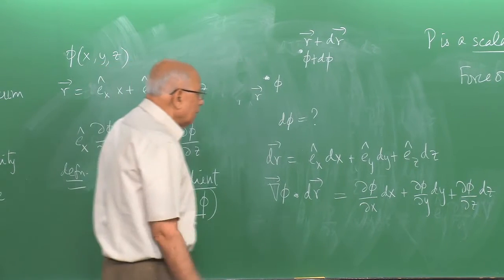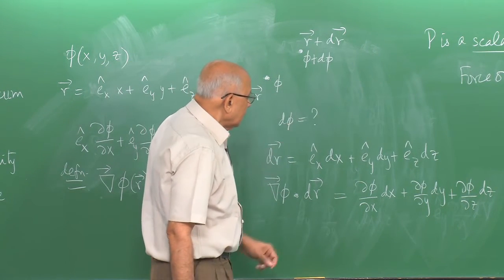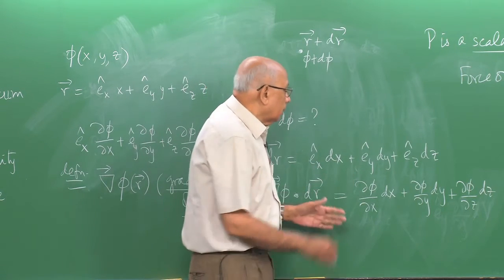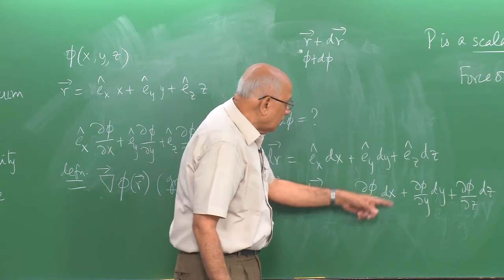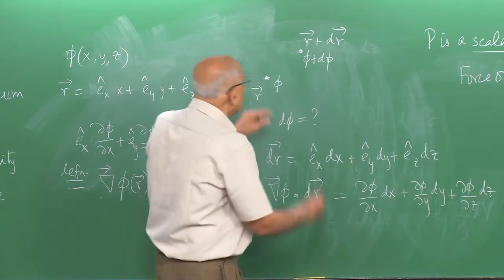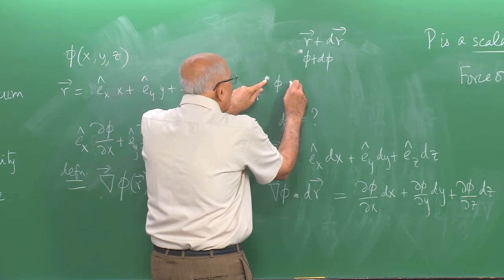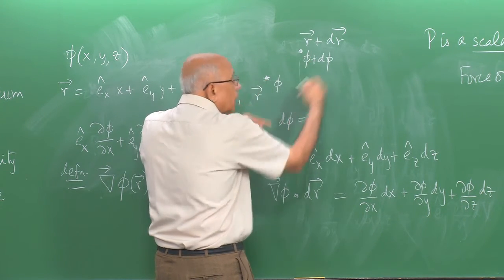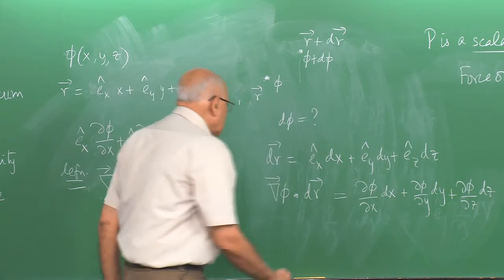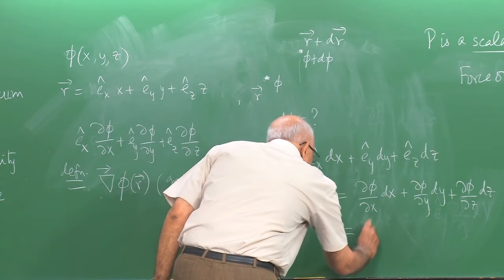By definition, if phi is a function of x, y, z, then the change in phi, d phi, along any direction is resolved into components. This is the change if you move only in the x direction, only in the y, only in the z direction, but to go to this point you have to do a little x excursion, little z excursion, little y excursion, and this is the net change here. So by definition this is equal to d phi.